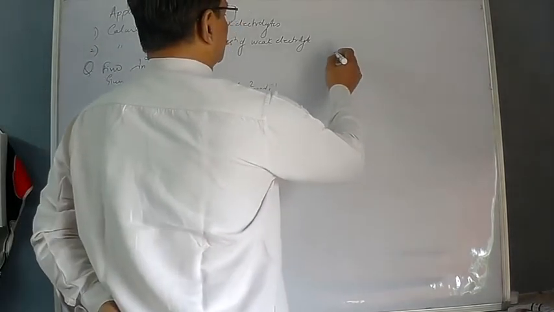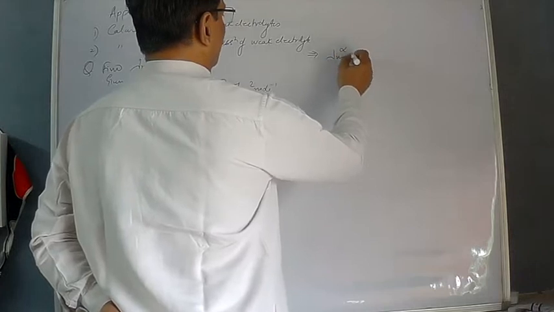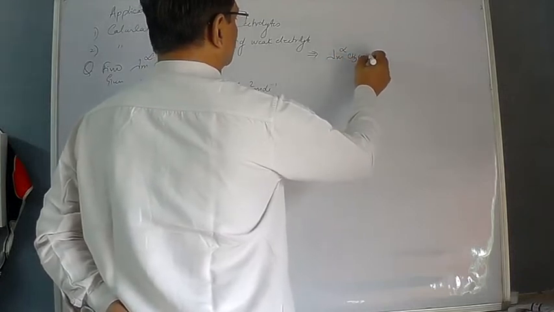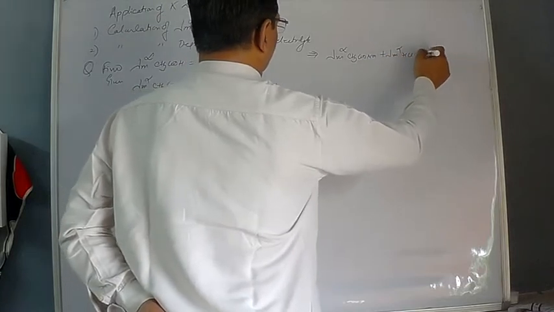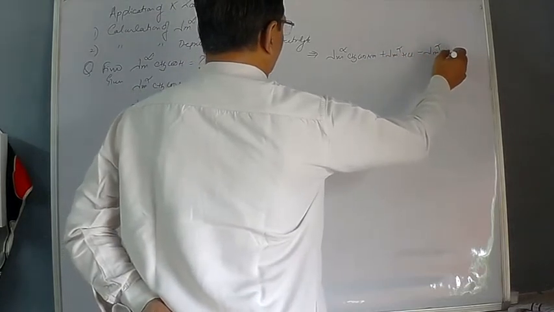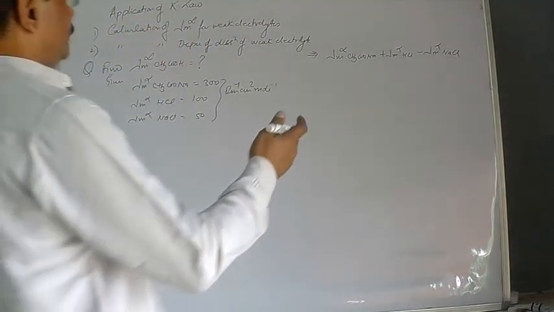Class, can I write like this? Lambda m infinite dilution sodium acetate plus lambda m infinite dilution HCl minus lambda m infinite dilution NaCl. Now let us dissociate it.